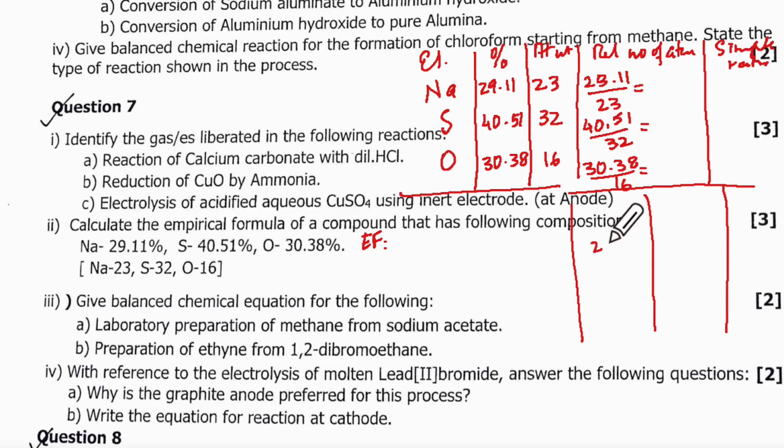So 29.11 divided by 23: once 23, remain 6, then 1, take decimal point. Now this will go twice, twice will be 46, remaining 15.